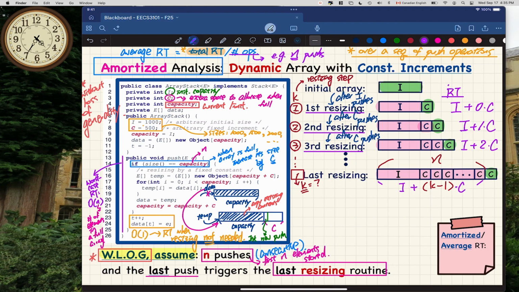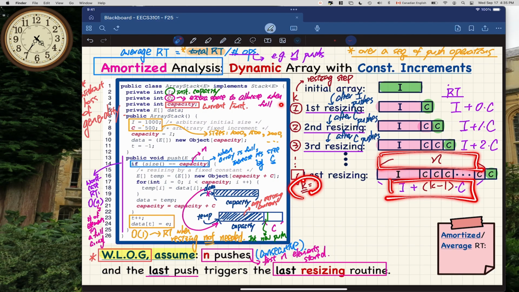And then we know that this here is exactly equal to that. Equating these two together, we will be able to solve k. And the k here is important because k tells us how many turns there are in this particular resizing. We want to add up the running time for every individual resizing step. All right? So let me say it one more time. We first of all know that this part here should be n because after n pushes.